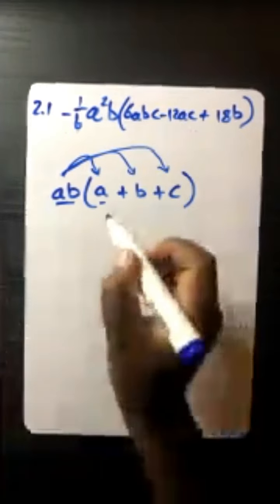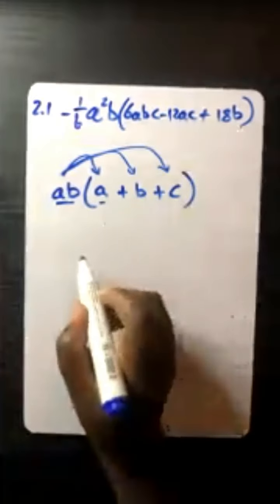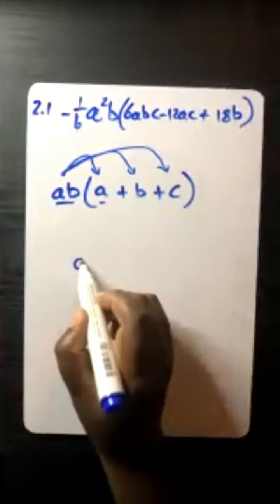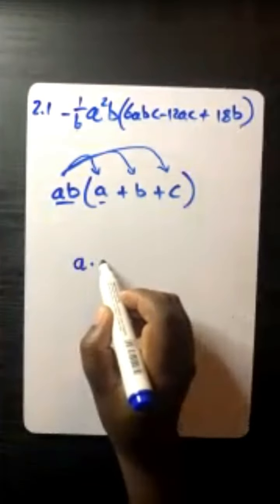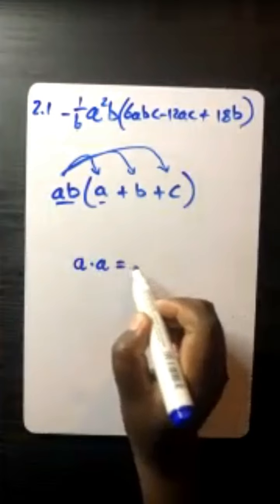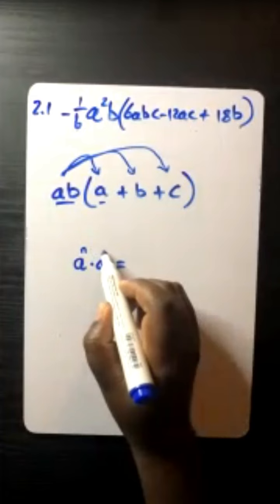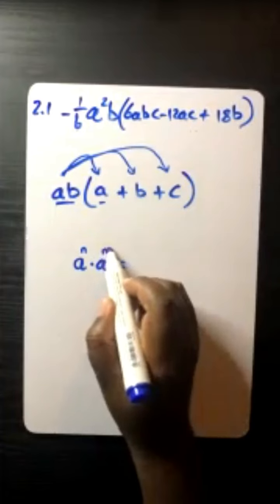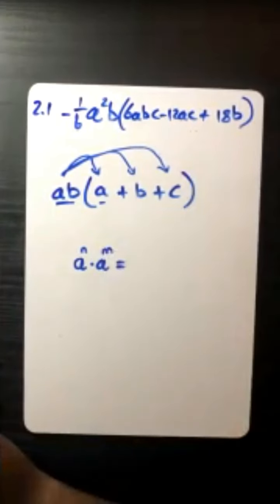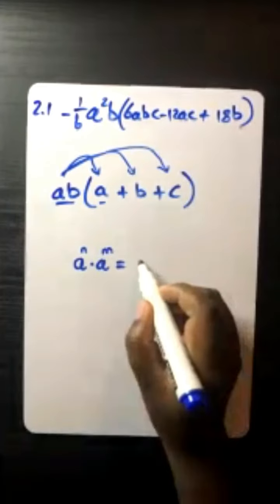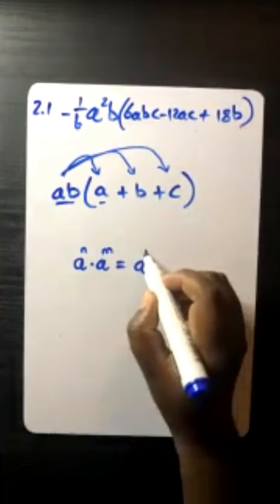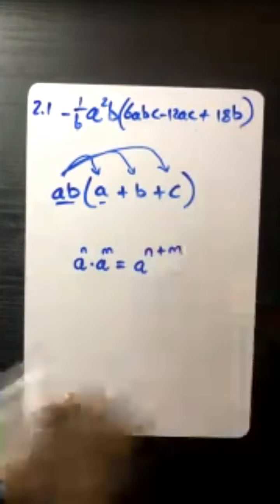So, just to explain to you, there's a rule which says A to the exponent n multiplied by A to the exponent m is equal to A to the exponent n plus m.